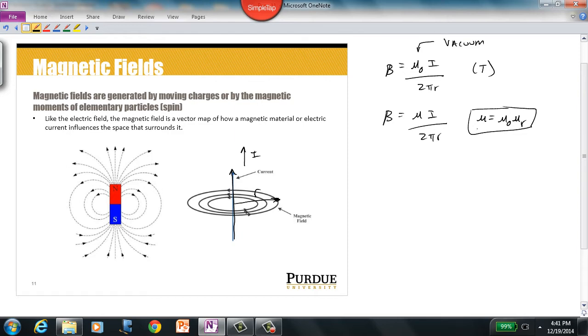And so what is this? Well, as I just said, mu is called magnetic permeability. Again, think of it as the ability of a material to support or sustain a magnetic field. We've got mu 0, this is the permeability of free space.